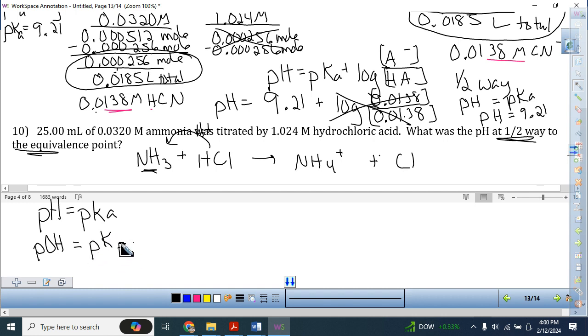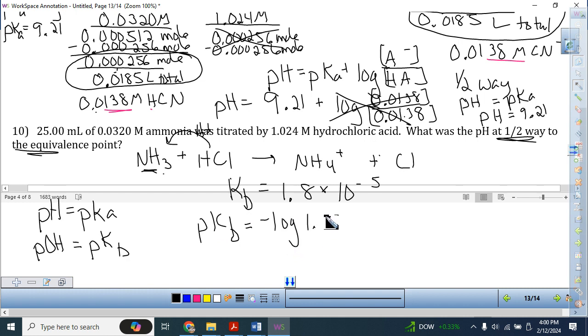So in this case, I know my NH3 has a Kb of 1.8 times 10 to the negative 5. So my pKb equals the negative log of 1.8 times 10 to the negative 5. And so my pKb is 4.74.